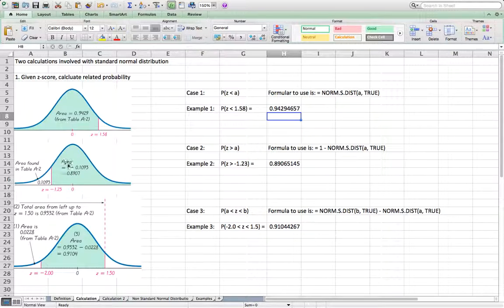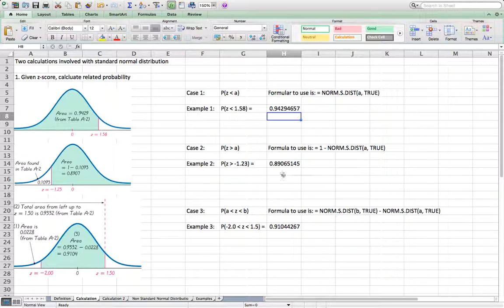There is no formula directly to calculate this, so we use 1 minus the area on its left side, because we have a formula for that and we know the total area is 1. So the formula used is 1 minus NORM.S.DIST(A, TRUE).